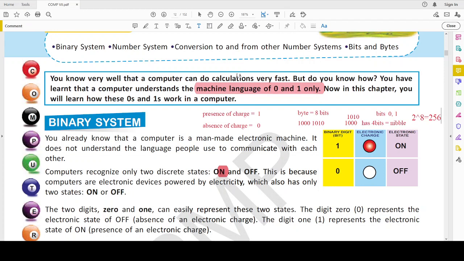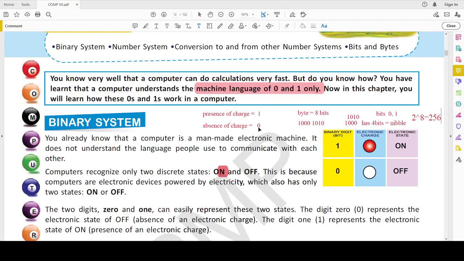We have learned that a computer understands machine language of 0 and 1 only. Here we will learn how this 0 and 1 work in a computer.